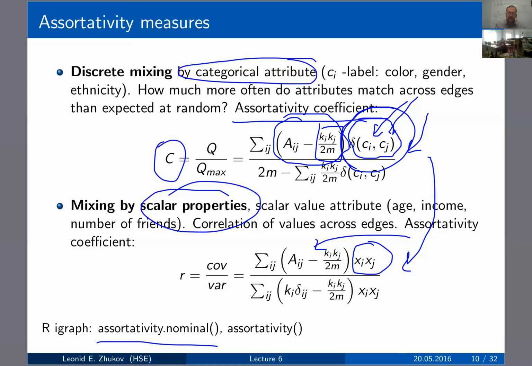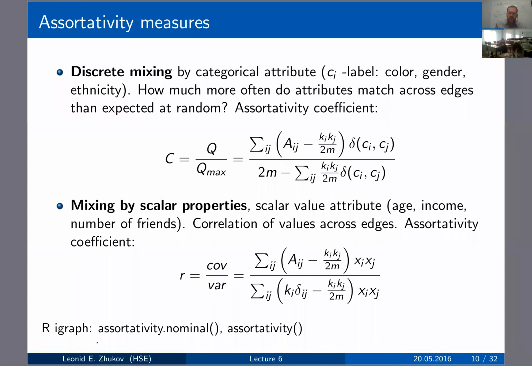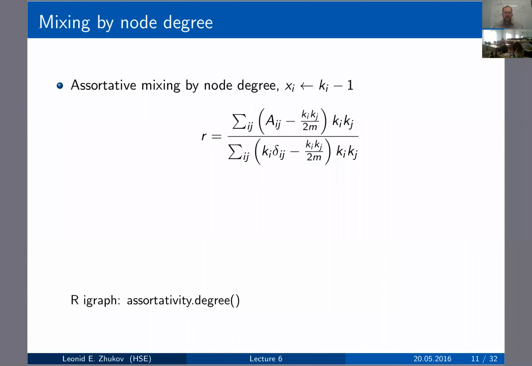So there is also one more important special type, which is assortativity by node degree. The idea is that instead of just looking at age or weight or zip code for the person, for the type of values to consider, we actually look at node degrees.